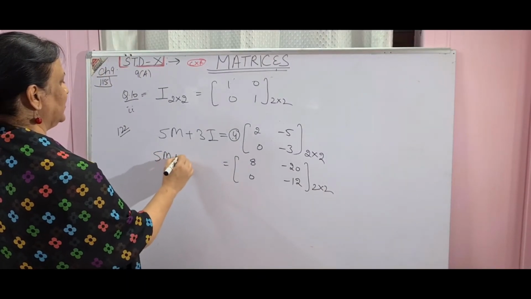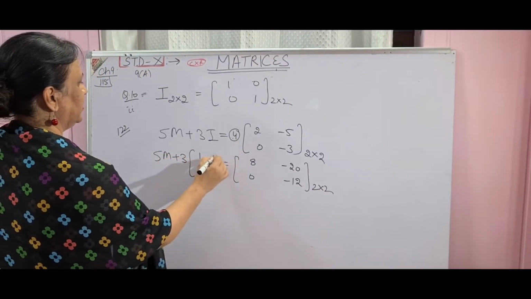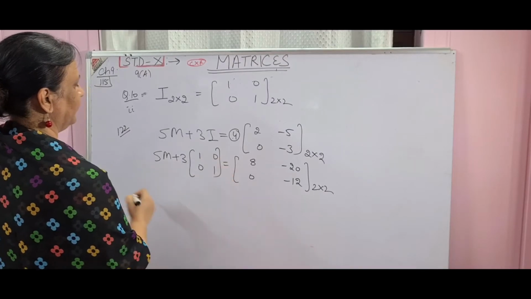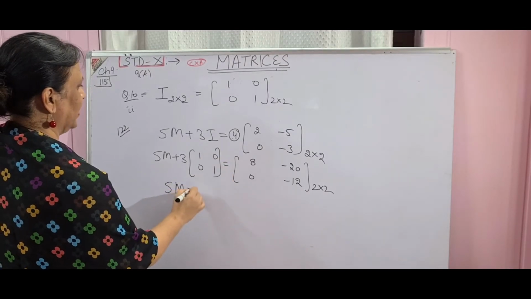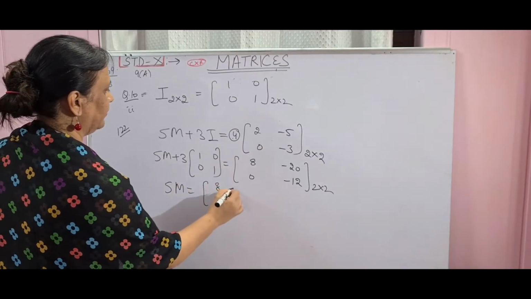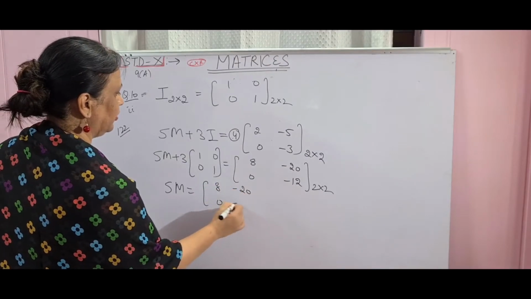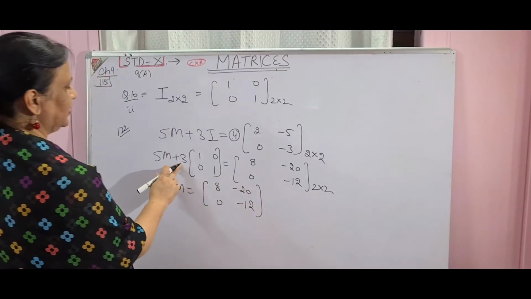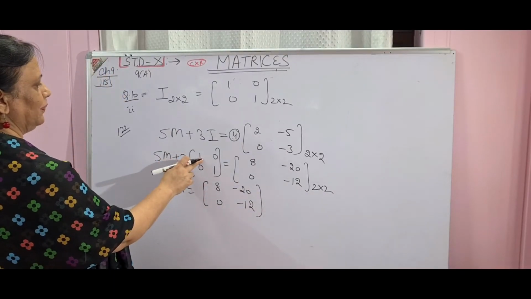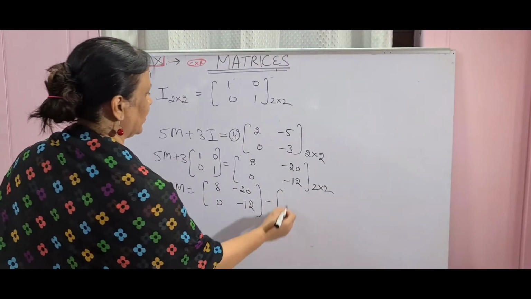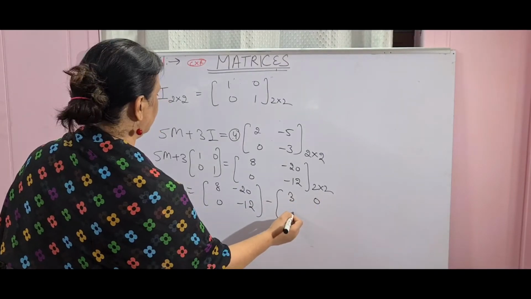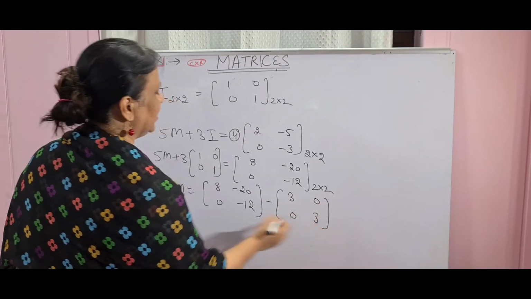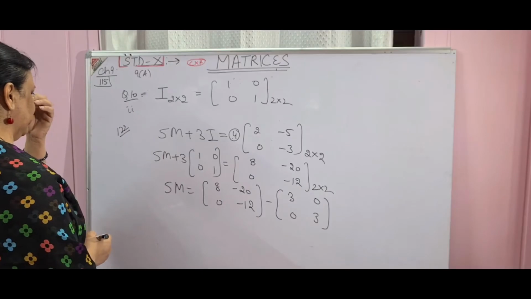5M plus 3I, 1 0 0 1. Or 5M is equal to 8, minus 20, 0, minus 12, minus, again 3 is the scalar, you multiply inside the bracket, this will become 3 0 0 3. With each square bracket, each element you are going to multiply.